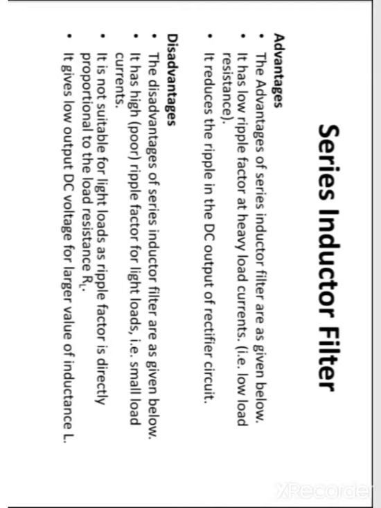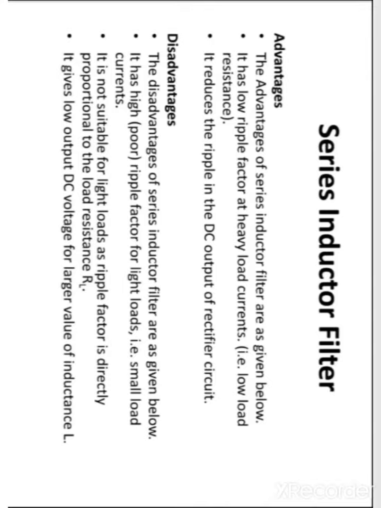These are the advantages and disadvantages of the series inductor filter. The advantages: it has a low ripple factor at heavy load current, and it reduces the ripple in the DC output of the rectifier circuit.